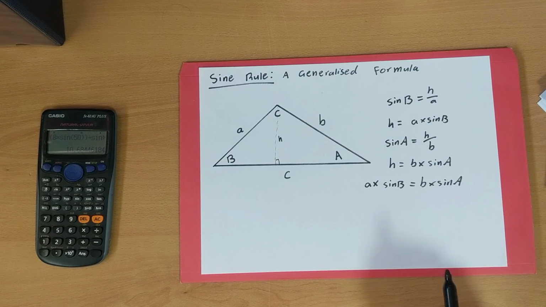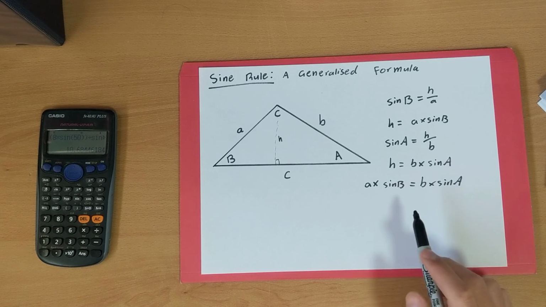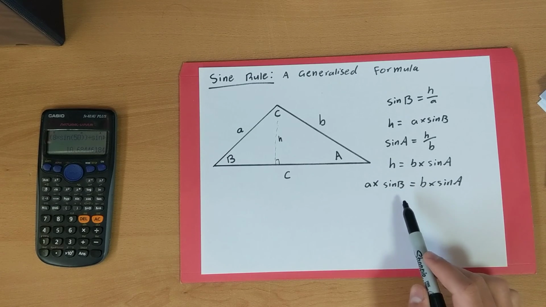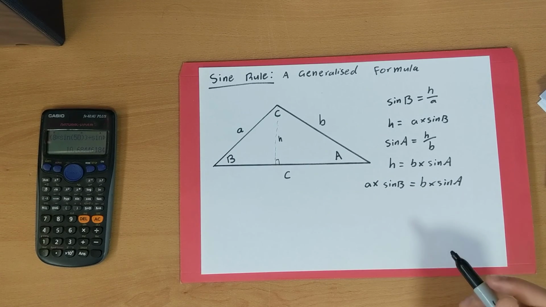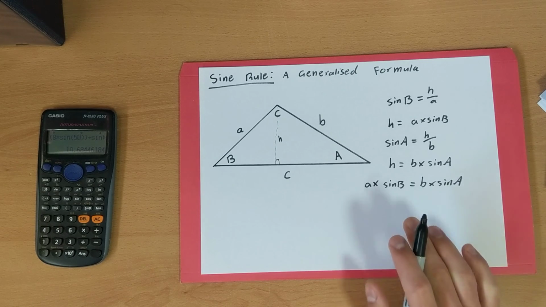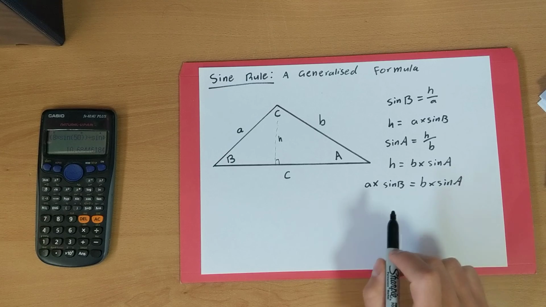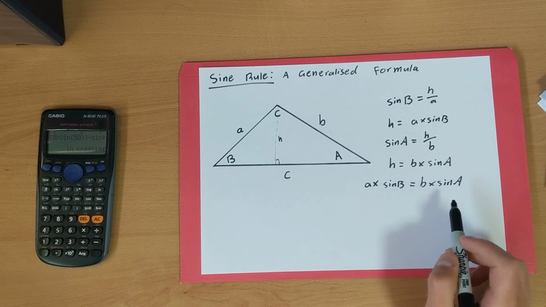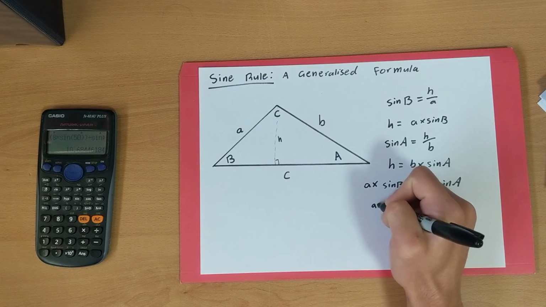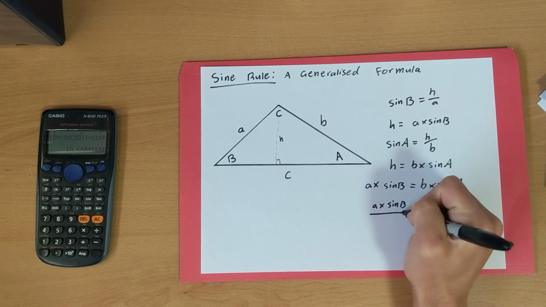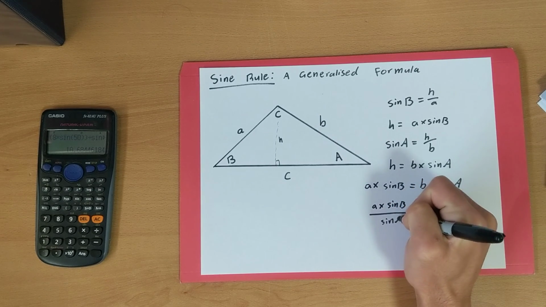We're going to rewrite that slightly differently, where instead of writing it with a's and b's on the same side of the equation, we're going to write it as an equation between ratios. So let's see what we're going to do. We're going to first divide both sides of this equation by sine A. So we get that a times sine B divided by sine A equals b.